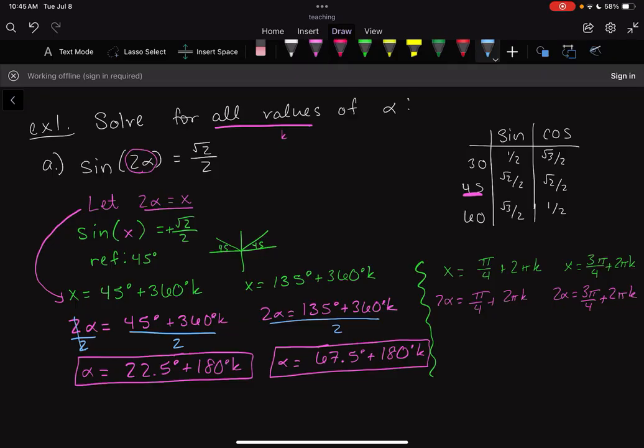Now, if you divide by 2, remember that that's the same as multiplying by a half. So you would end up with pi over 8 plus pi k and 3 pi over 8 plus pi k.